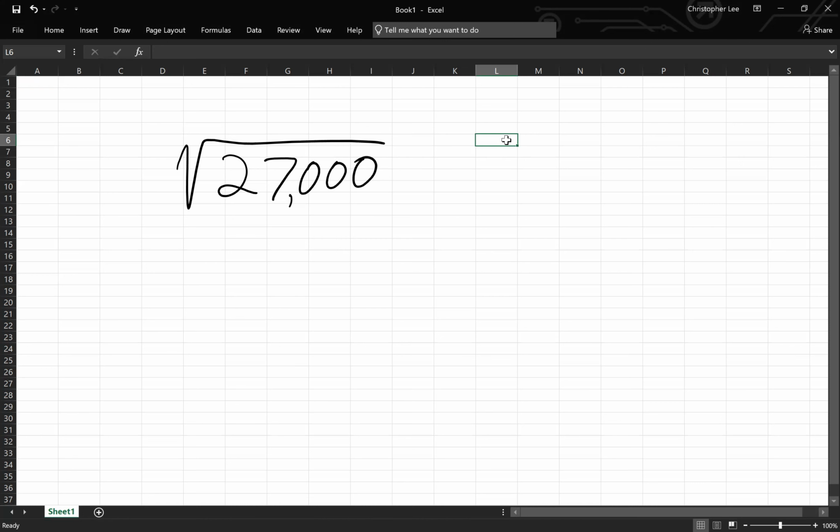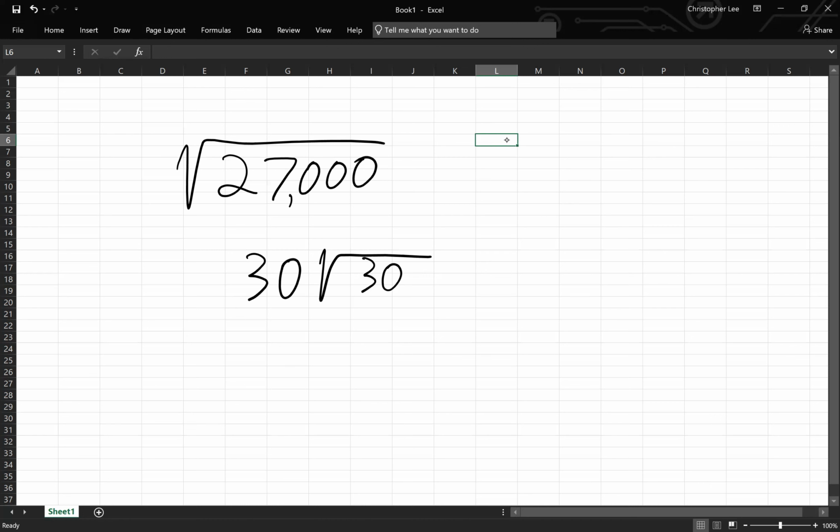Like break 30 up, and then put the square root right next to it, and put a 30 inside. That's it. Interesting. Yeah, 30 squared is 900, times 30 is 27,000. Got you.